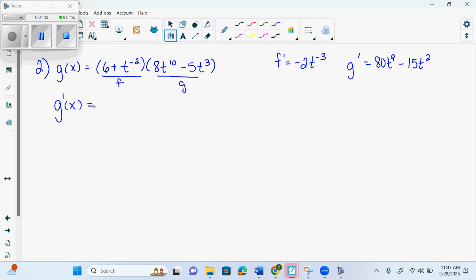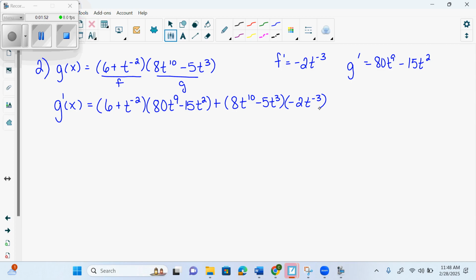So F is 6 plus T to the negative 2, times G prime, which is 80 T to the 9 minus 15 T squared, plus G, which is 8 T to the 10 minus 5 T cubed, times F prime, which is negative 2 T to the negative 3. Okay? This one isn't too bad because we're adding exponents when we multiply. We just might be adding a negative.